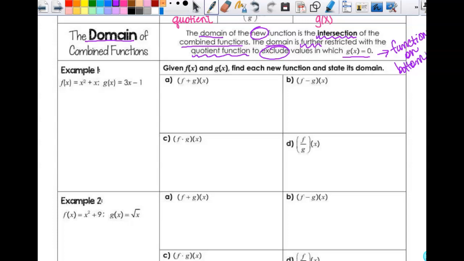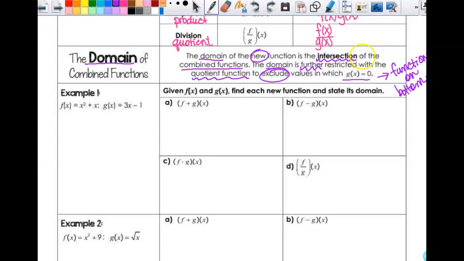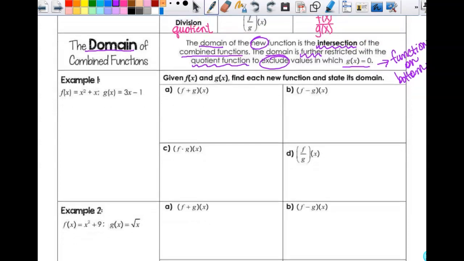When you take f of x over g of x, in general, with this specific example, the reason they're using g of x is because this is how we're defining it. But obviously, I could do g of x over f of x, and if I did that, then f of x couldn't equal 0. Basically, the denominator can't be 0, whatever's in the denominator. So maybe that's how I should have put it, function on the bottom.